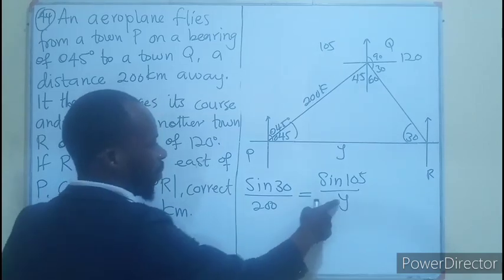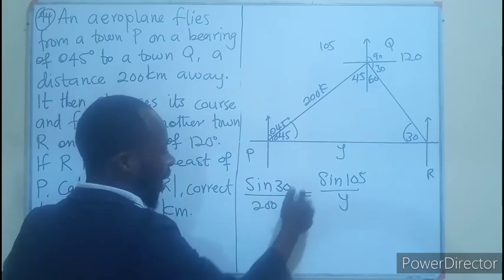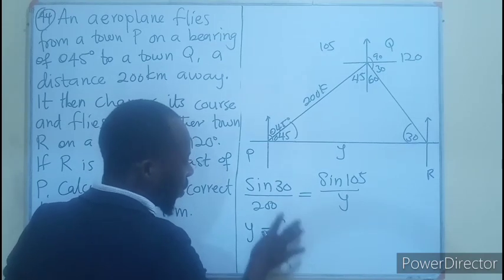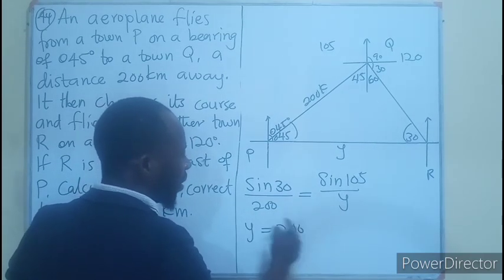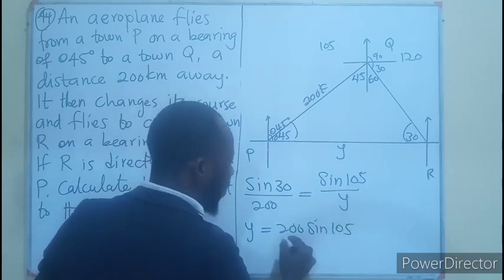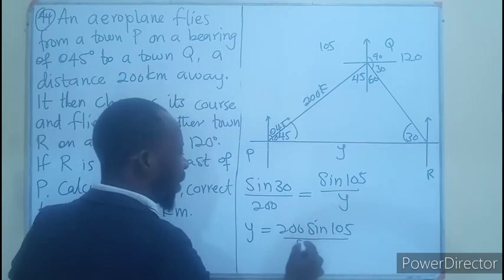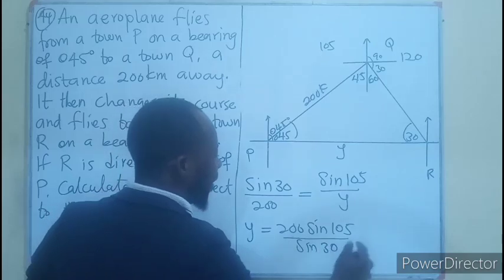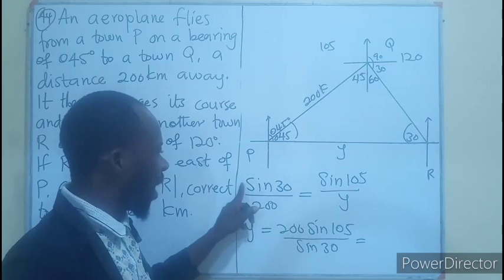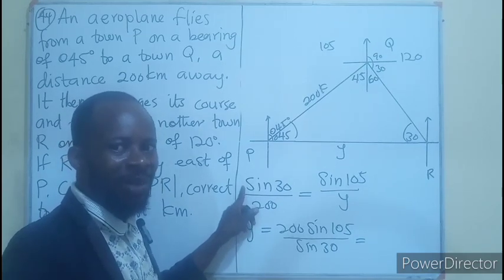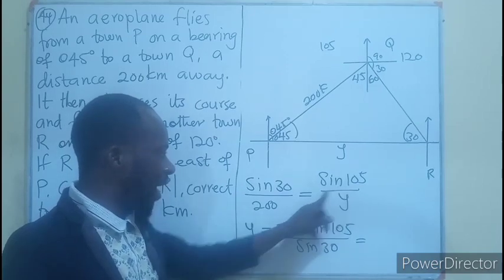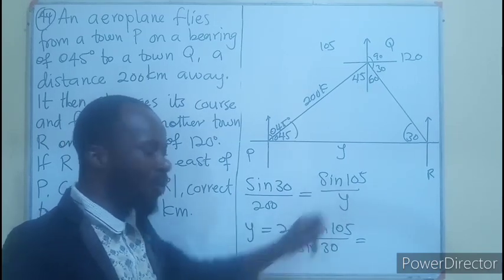So we cross multiply. This multiply this to give us y equals to 200 times sine 105 divided by the coefficient sine what? 30. You know, we are cross multiplying. This will multiply the sine 30, and sine 30 become the coefficient, which will divide both sides, and that will divide the product of 200 and what?